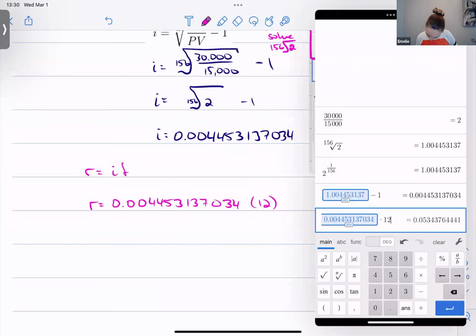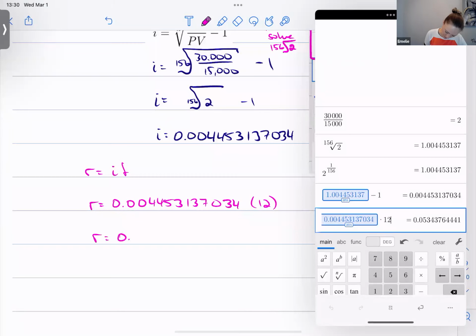This times 12. So now the rate is 0.053437644441. I feel like I went cross-eyed there. 0.05343. Okay, good.